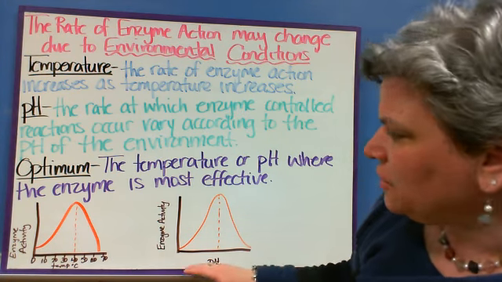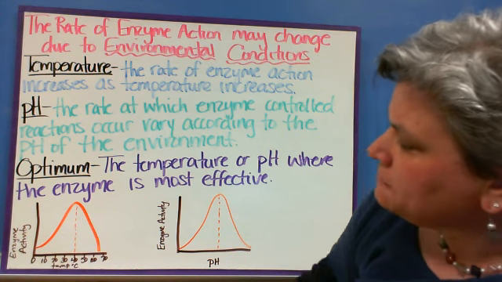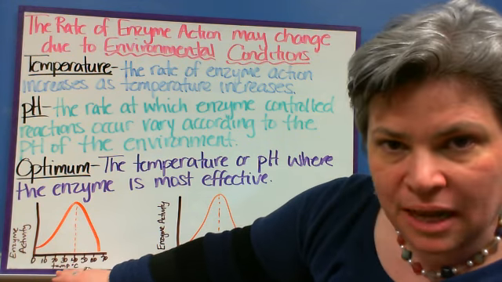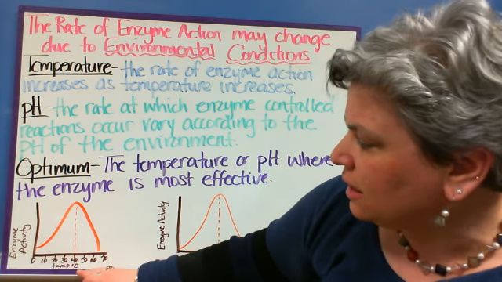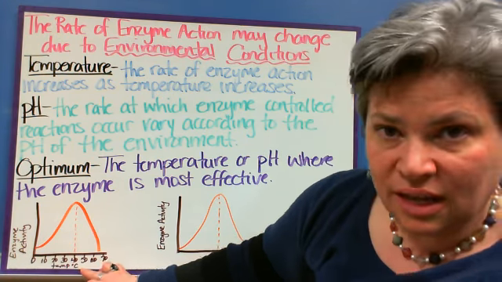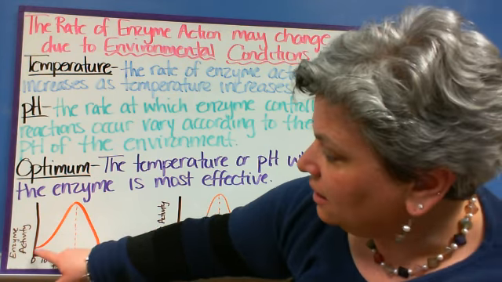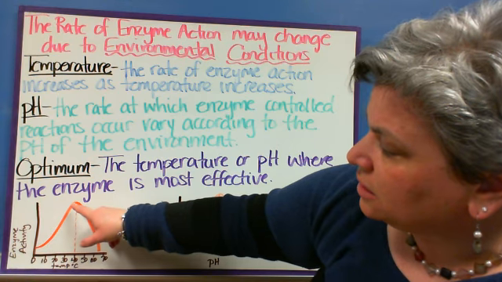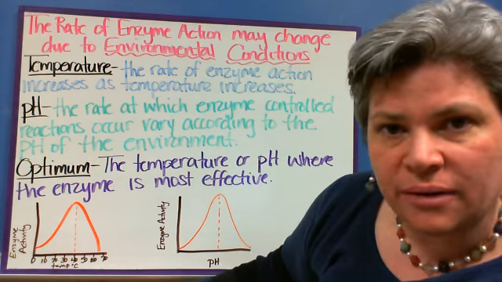So I sketched out the graphs that you have in your notes just so we could talk about them for a minute. In this case, I have the temperature and I have enzyme activity. So when you look at this, 40 is as high as we want to go. And look what happens. It increases, increases, increases, increases, and once it hits that point, it drops right straight off.